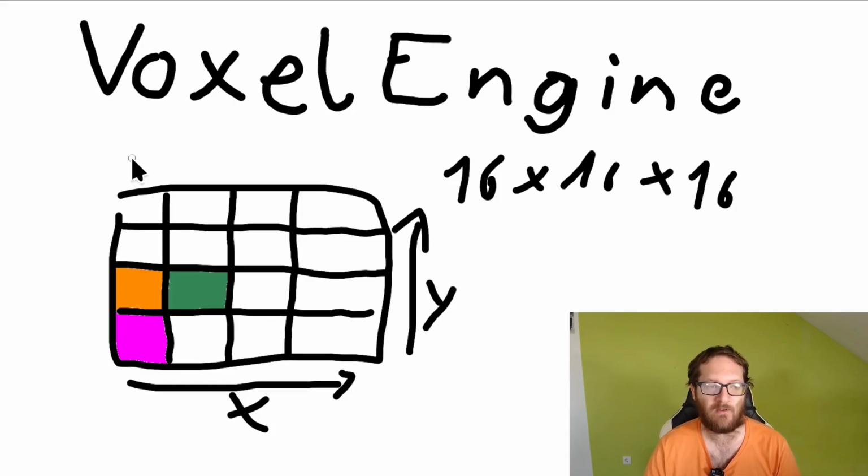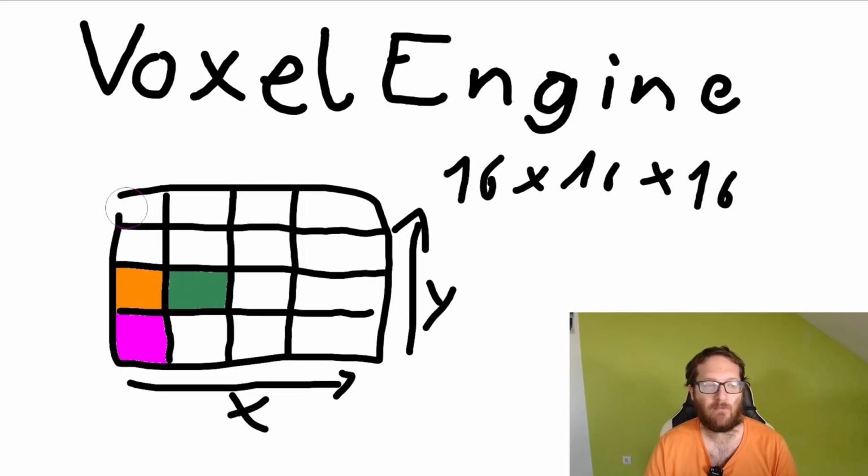So this would be Z 0, and we would have an additional one that would be Z 1 with completely new voxel data in it. That's kind of what a voxel is at its base.